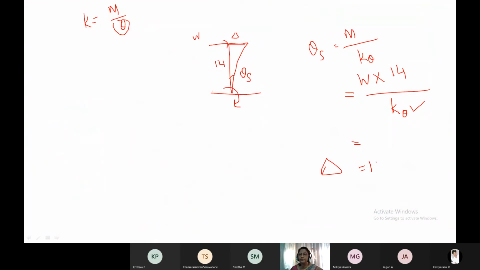So here delta rocking is equal to 14 into theta s. Do you know how it has come? Because this theta is a very, very small value, 14 tan theta will be this delta. What is tan theta?